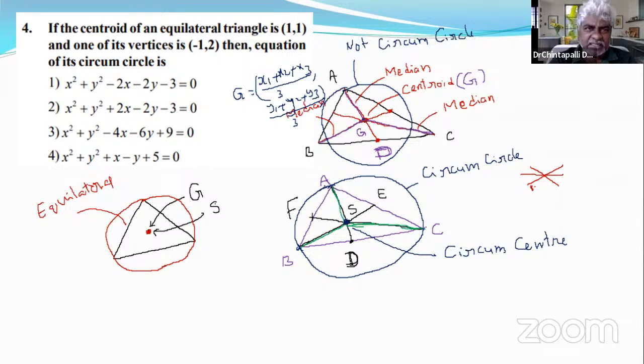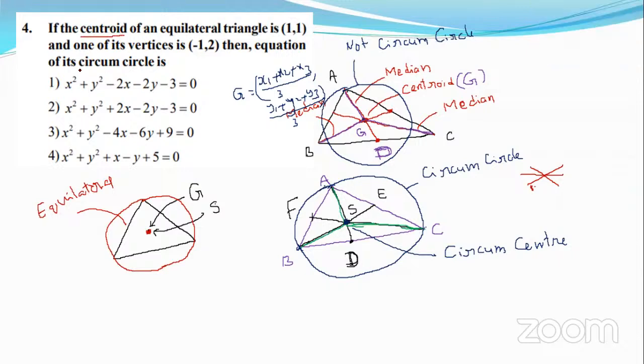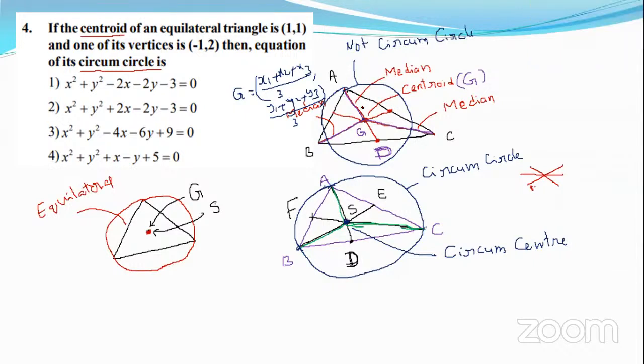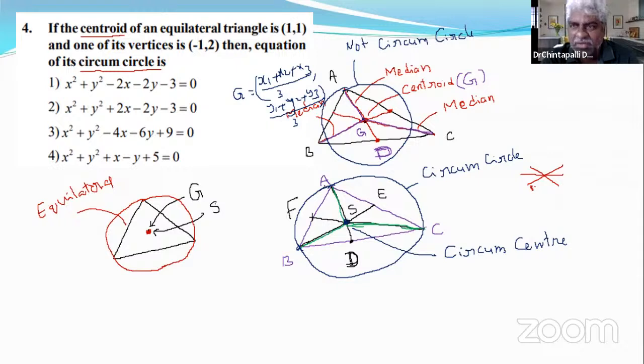Here we can understand the centroid. Actually, the word centroid is given here. In general, there is no connection between centroid and circumcircle. We did an experiment here in the first diagram. There is no relation between centroid and circumcircle.